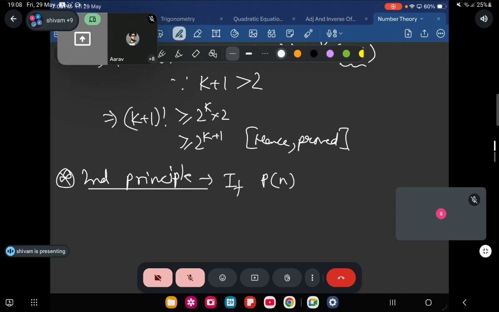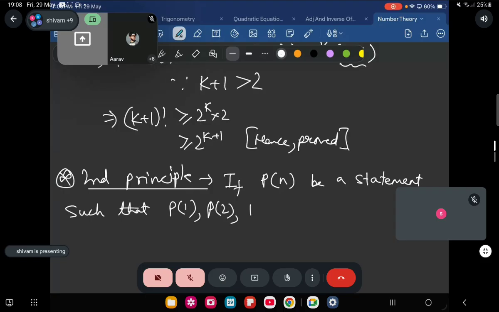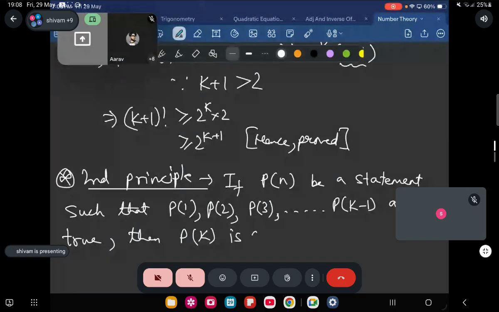If Pn is a statement such that P1, P2, P3, dot up to Pk minus 1 are true, then Pk is also true. This is the second principle.